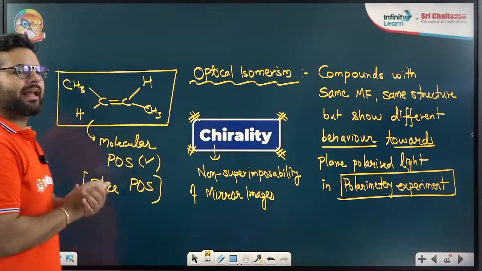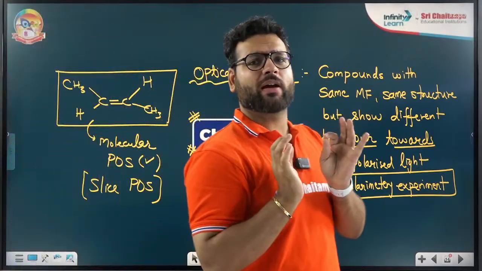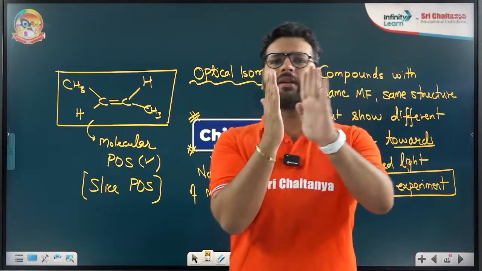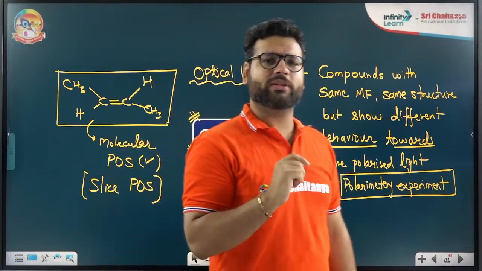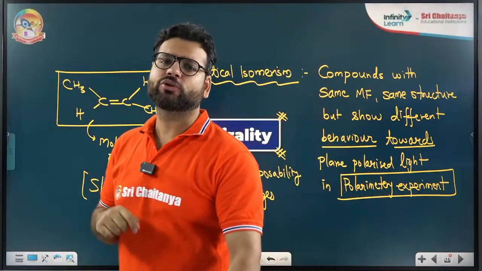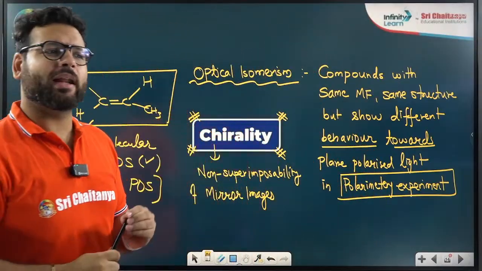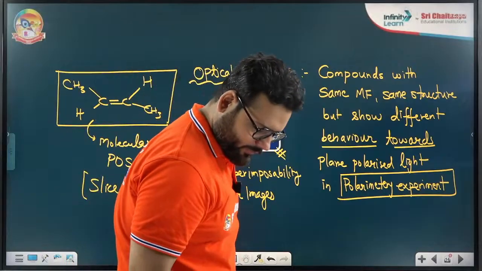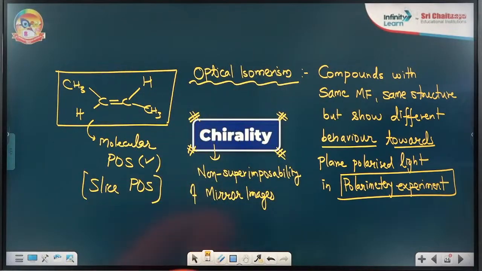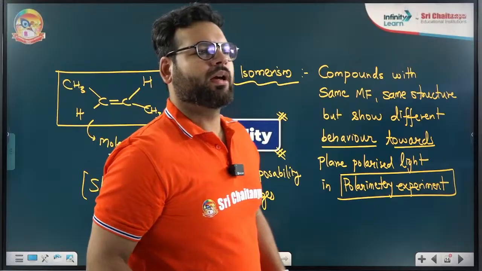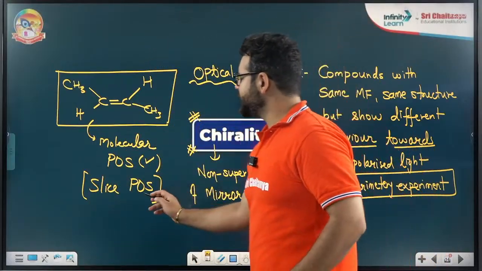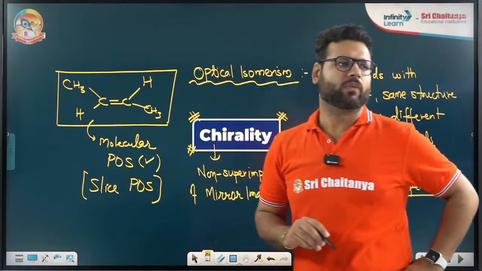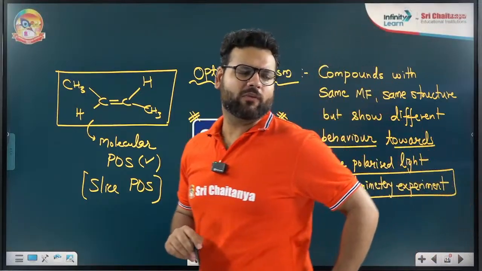You can always slice a planar molecule into 2 equal halves, from the side, from the cross section. I hope this is clear, and this is a very important point where most of you make mistakes. So a planar molecule is always going to be achiral because it will have a slice plane of symmetry.